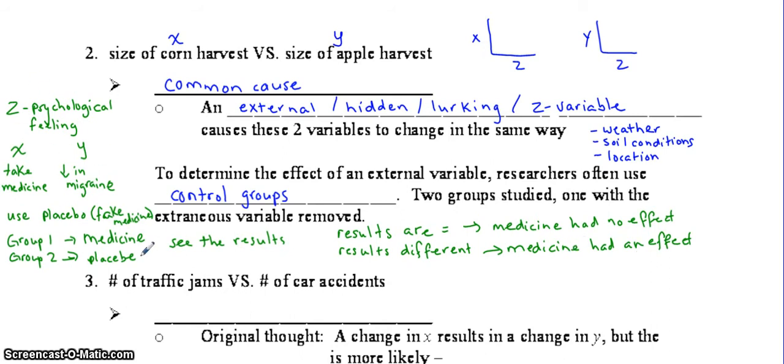This is an example of a control group. One group has the psychological feeling tested because that's when they get the placebo, which means they're not actually getting any medicine. If the people getting the placebo had fewer migraines, then it's showing that the medicine may not have had so much of an effect as the psychological feeling that you were taking medicine.